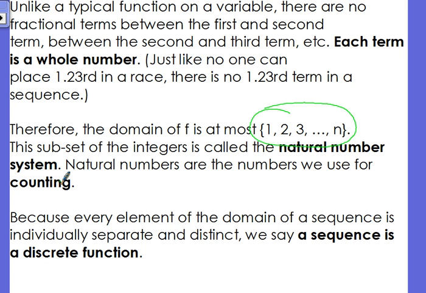If I asked you to start counting, naturally you would count starting with 1, 2, 3, 4, and so forth. In this case, each sequence is going to be a discrete function because it's just going to be single values, not continuous, because it has to be at 1, at 2, at 3, at 4. It's not going to be between 1 and 2.